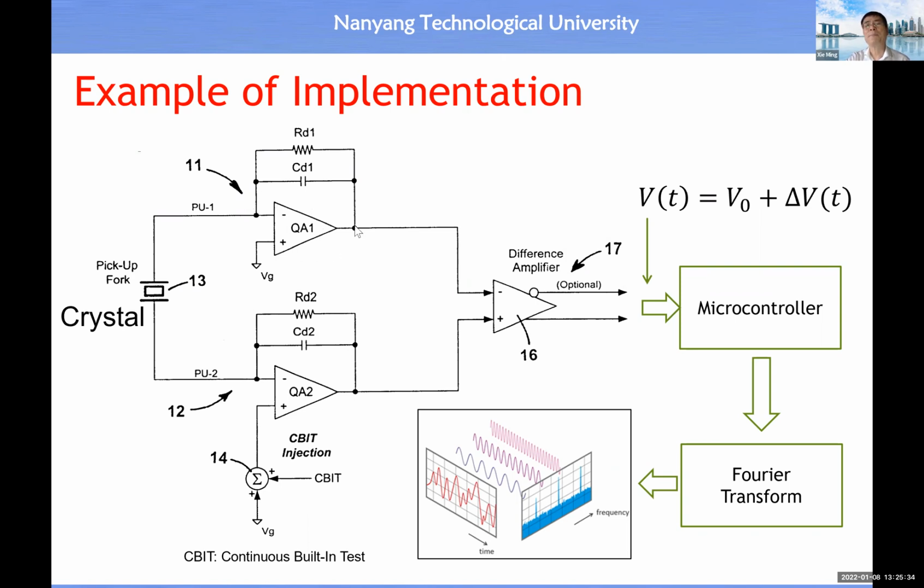Then you have operational amplifiers QA1, QA2, then these two outputs pass through another amplifier. Then here you will see the time function for voltage, okay? Because this one is not constant, because it's attached to the vibrating body. So this one is changing, and this is why we have a time function for voltage. Then this can feed into the microcontroller.